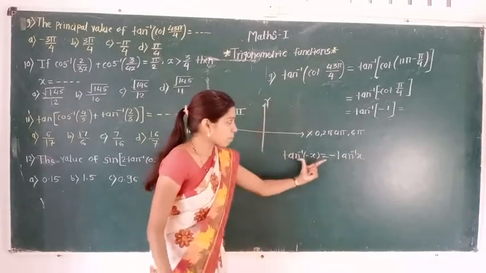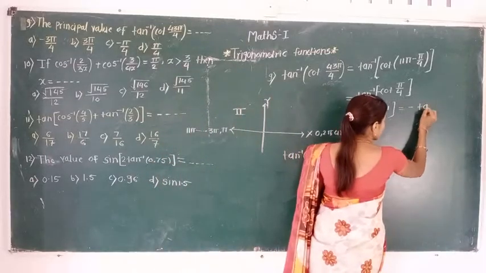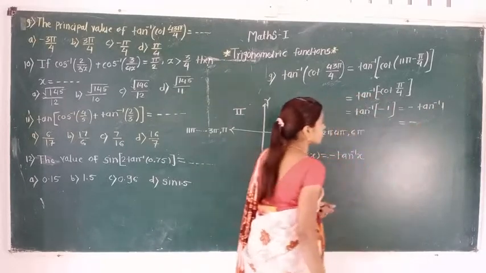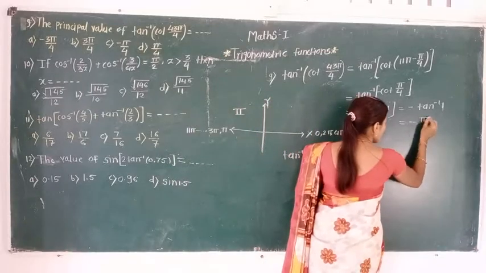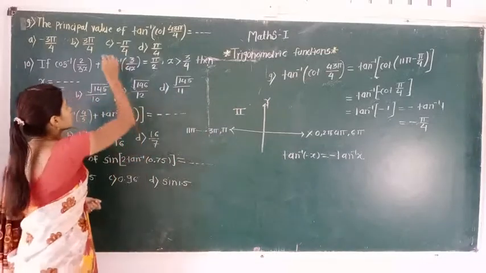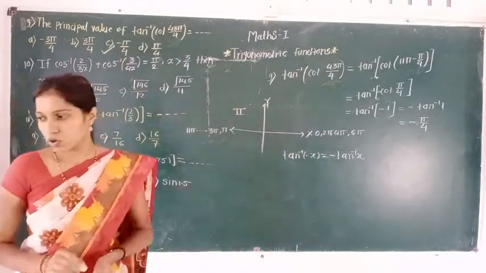So by applying this property, we get minus tan inverse 1. Take the minus sign as it is, and we know that the value of tan inverse 1 is pi by 4. So minus pi by 4. That is, option C is the correct answer.